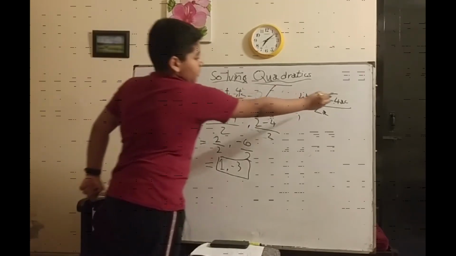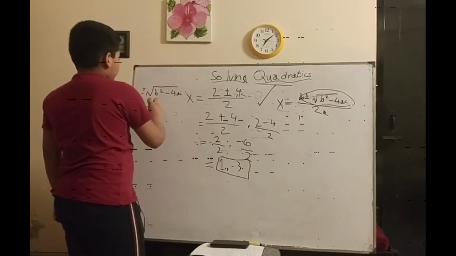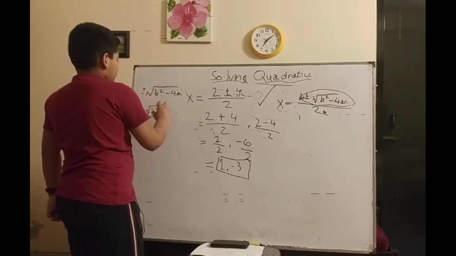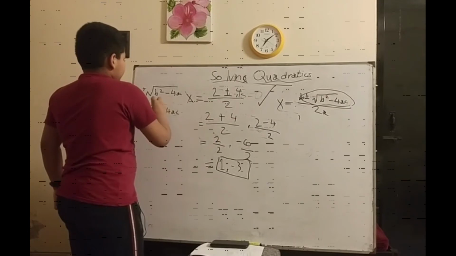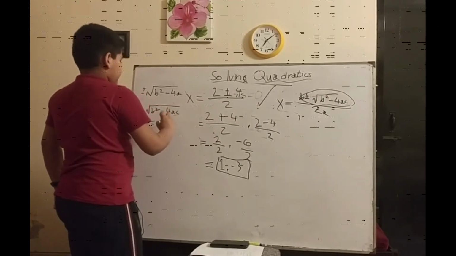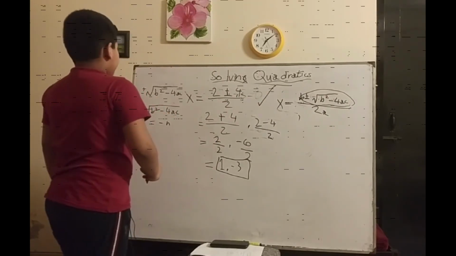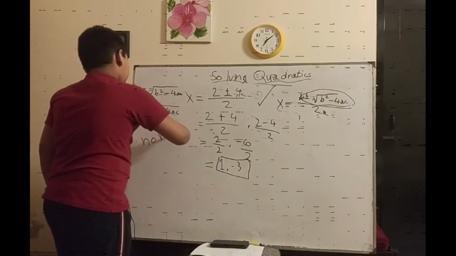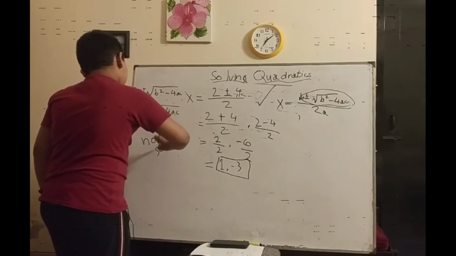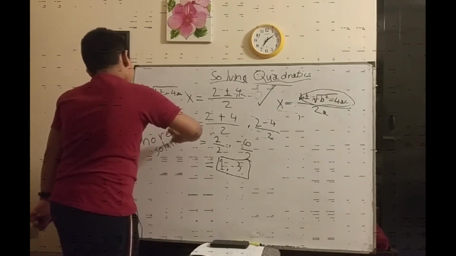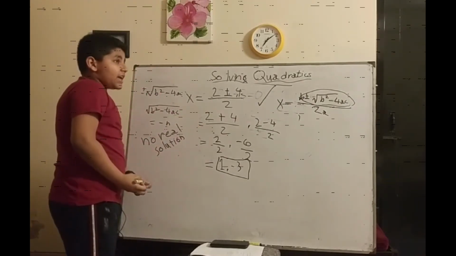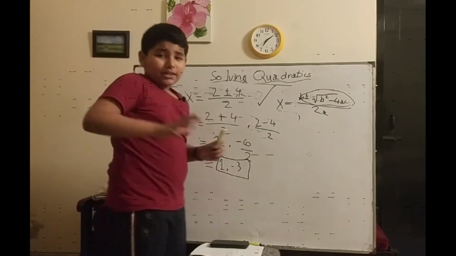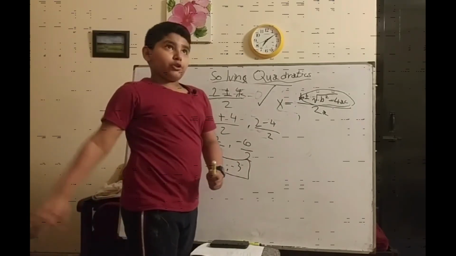So this part, if b squared minus 4ac is a negative number, then there will be no real solution, which we will replace by imaginary numbers. But we will talk about that in Algebra 2.